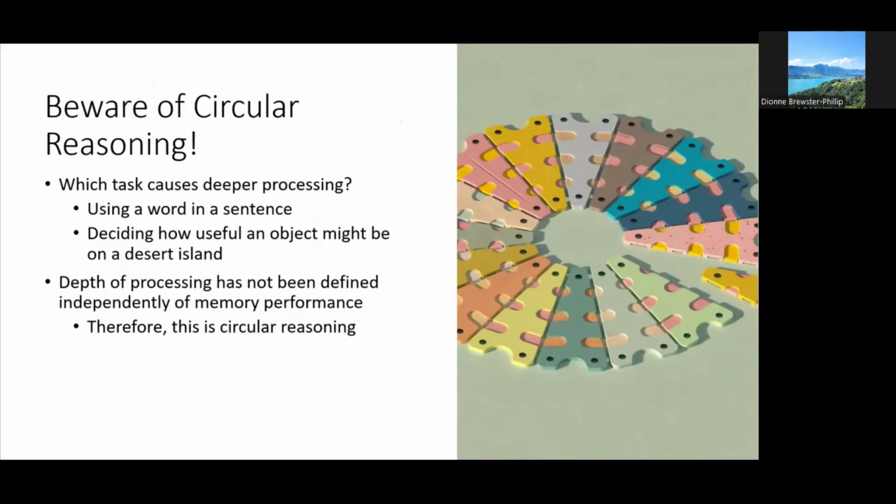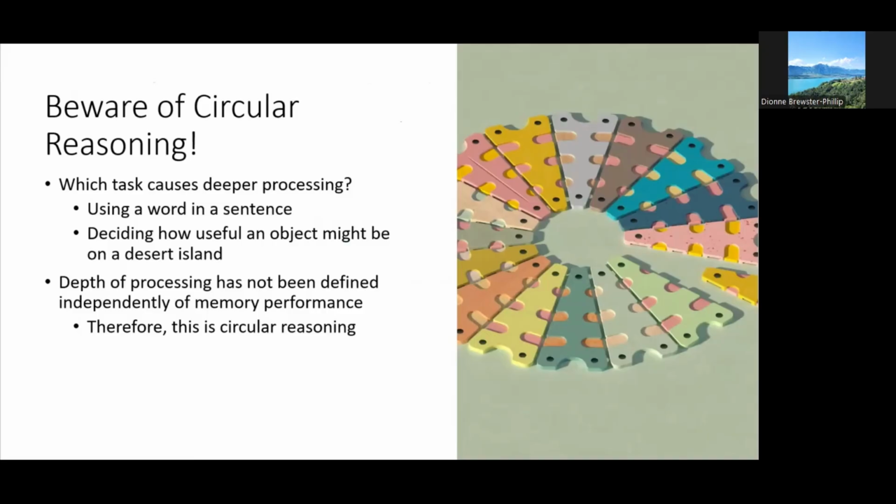Now, one thing we need to note with studies that are looking at memory is we need to be cautious of circular reasoning. The idea of levels of processing motivated a great deal of research, and it became less popular when it became apparent that it was difficult to define exactly what depth of processing is.